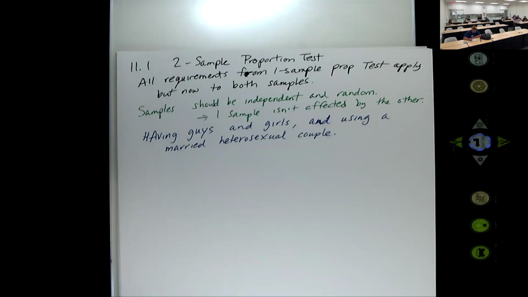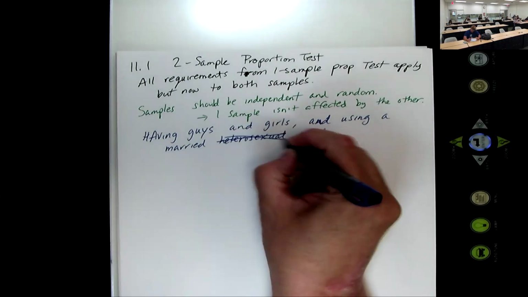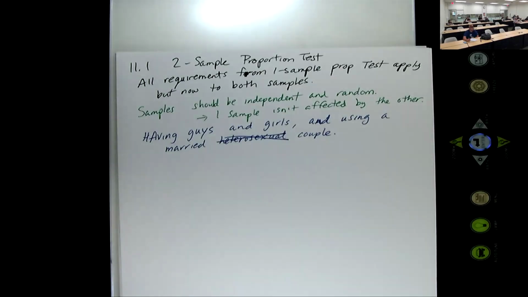Can't have the husband in one group and wife in the other, there's connection. Oftentimes you have stuff in common and so they're not independent. I guess that last thing isn't really necessary, because it's not really random if you have two husbands and throw them in the same group, so we don't even need that description in there. Just any married couple. Don't use them.